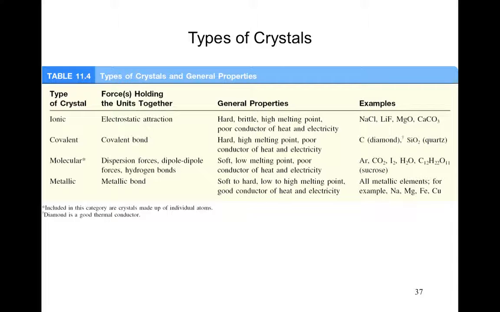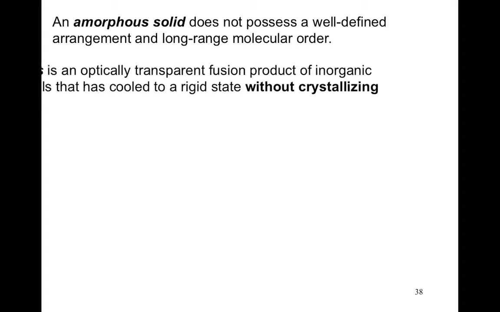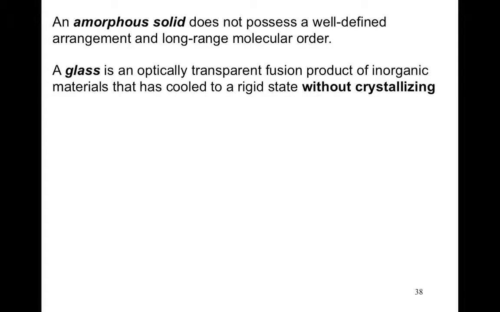Here's an overview of what we just talked about, the differences between the types of crystals: ionic, covalent, molecular, and metallic. Now there's an amorphous solid, which is a place where we don't get a well-defined arrangement of molecular order. Glass is an optically transparent fusion of inorganic materials, cooled to a rigid state without crystallizing.